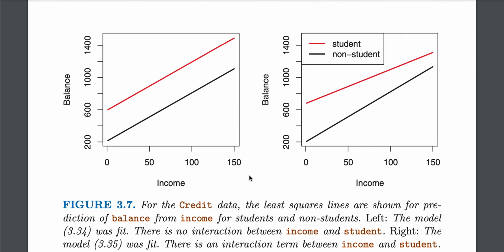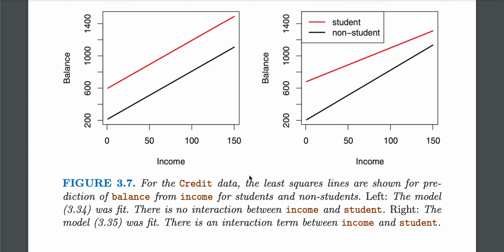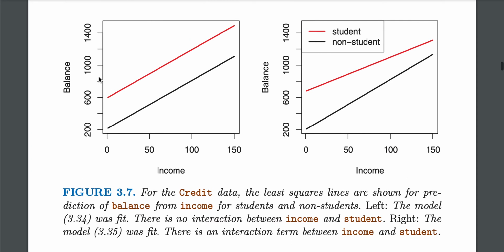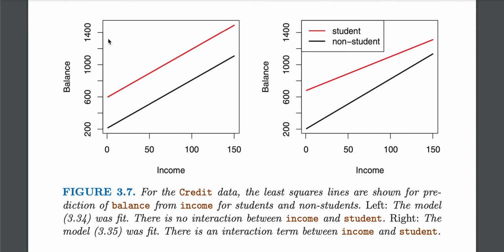Now, you're regressing balance against income and the qualitative variable of status, student or non-student.